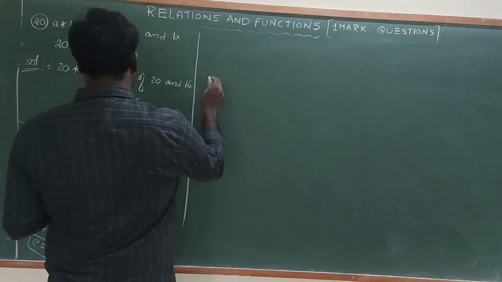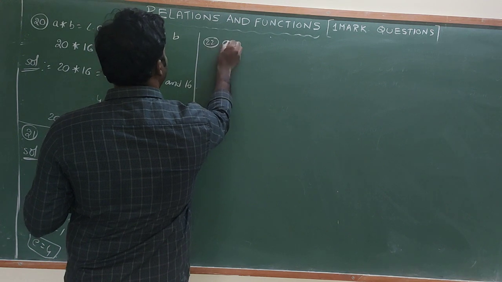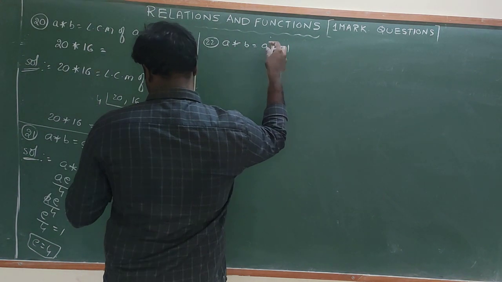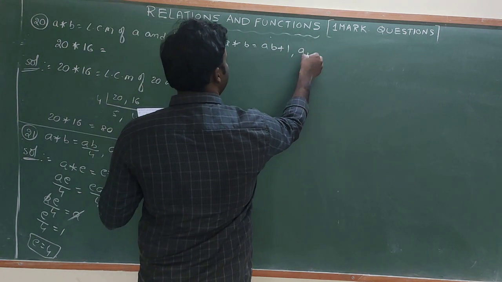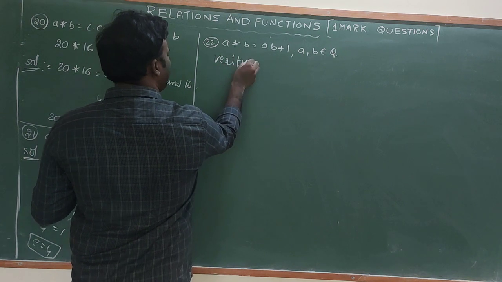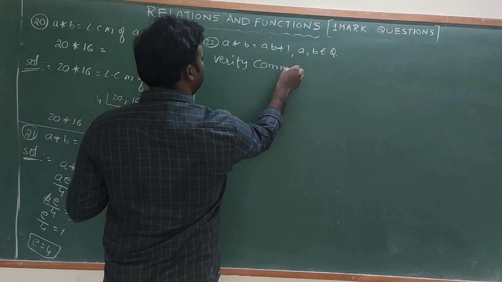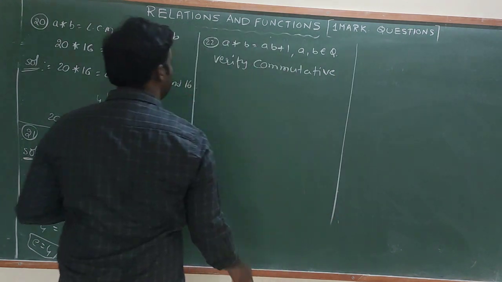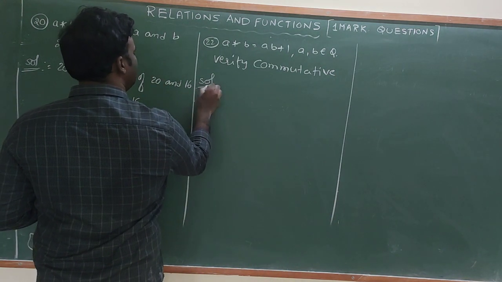Next, 22. A star B equals AB plus 1 for all A, B belongs to Q. Verify commutative. It is commutative or not, we need to verify.